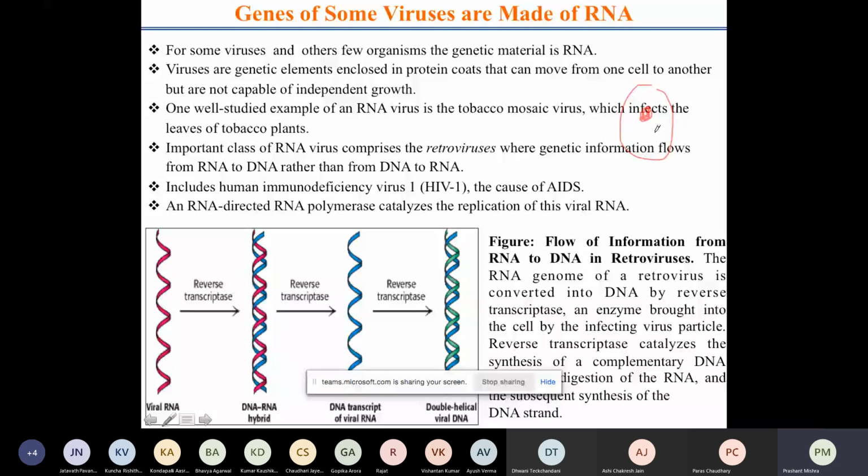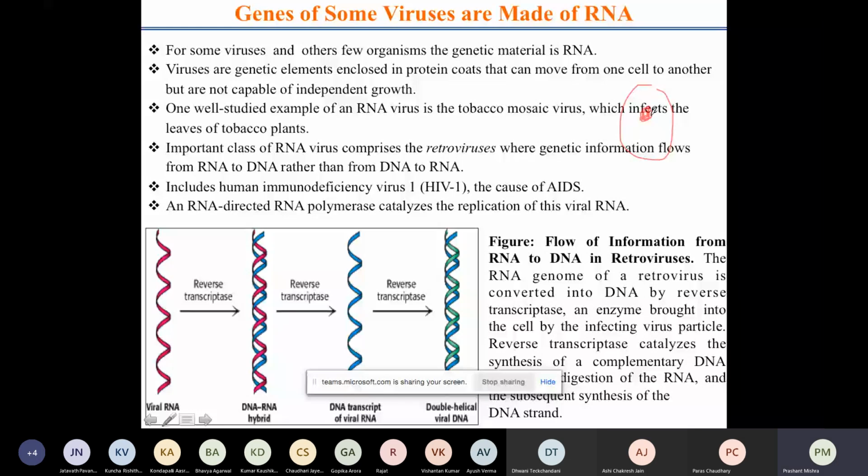It does not have its own machinery to synthesize, so it has to use the machinery of the host cell, the animal cell or it could be a bacterial cell. So what they do is they attack the cell and then they start.